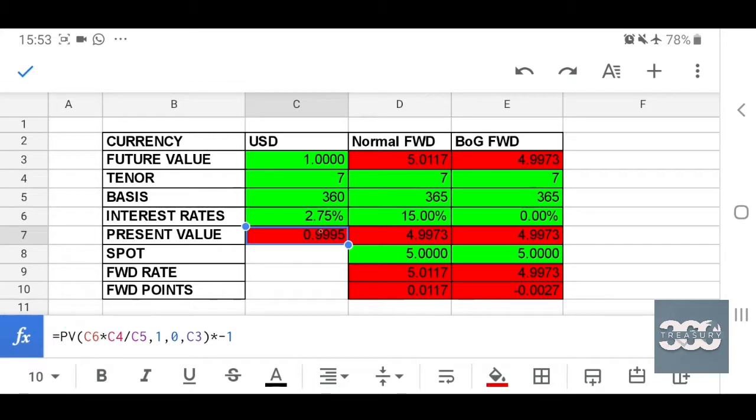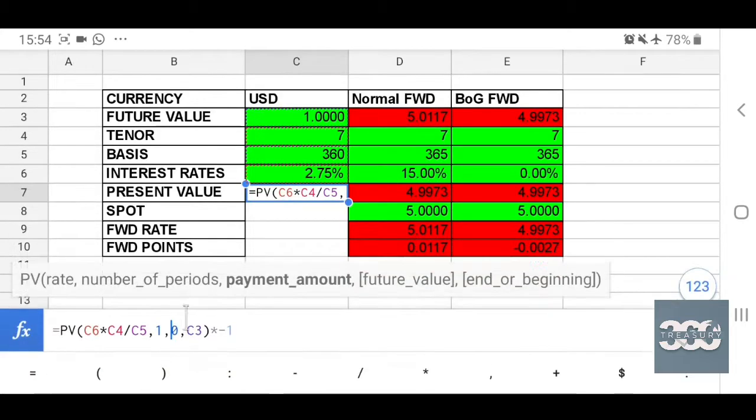So what we do is we take the rate, C6, and multiply it by 7 days and divide by 360, and this gives us a specific rate.